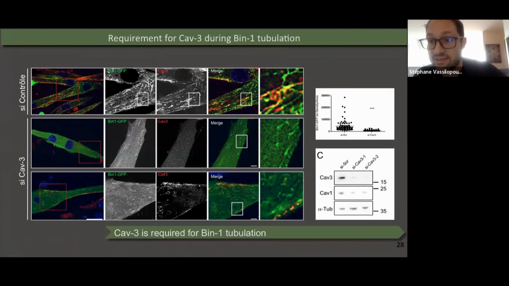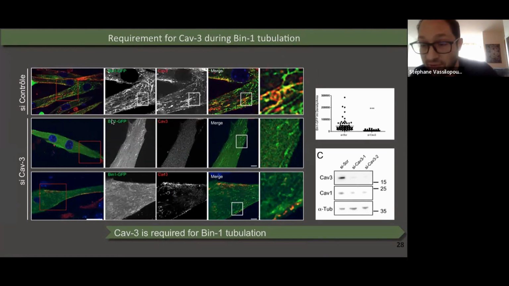Now we're using this as a tubulation assay. We're overexpressing Bin1, and we're seeing, is the cell capable of forming tubules or not? Now, if you take control cells and you express the Bin1 isoform which has exon 11, it's going to tubulate and form rings and tubules everywhere.